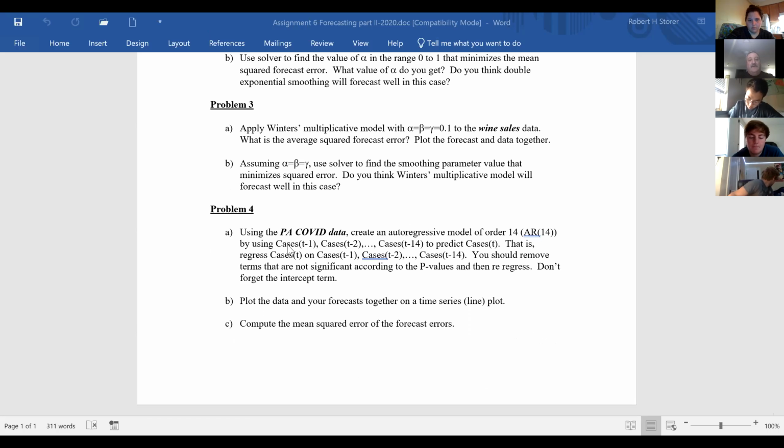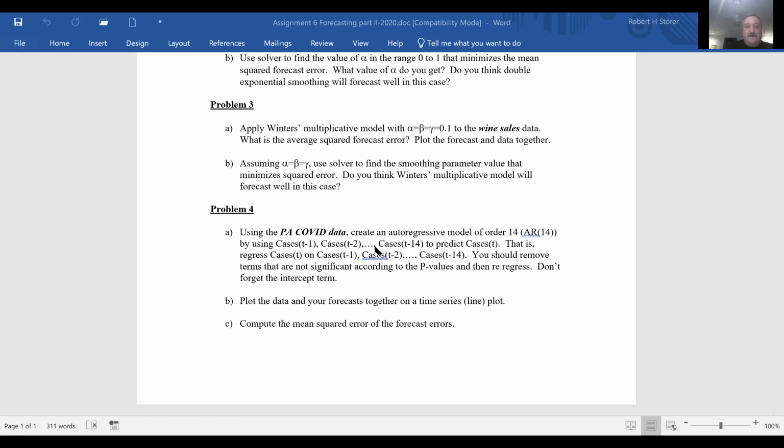And finally, this is more like a holdover from last week. I want you to fit the COVID data using an order 14 autoregressive model. So you're going to create 14 columns of time shifted values of the time series and run a regression.